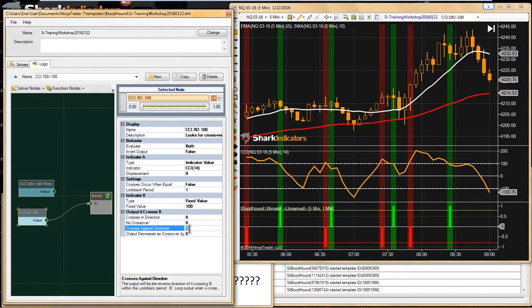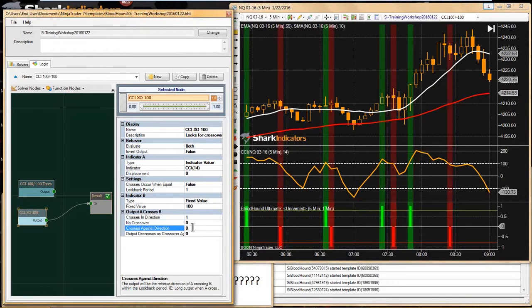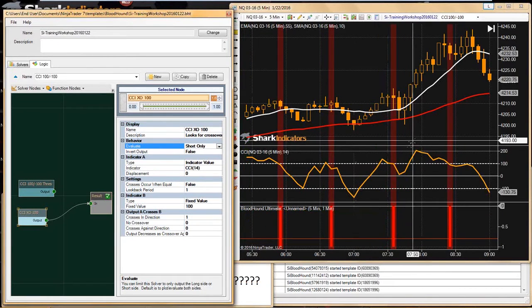So you can change this depending on what you actually want, right? So, maybe you want a sell signal when the CCI crosses down below 100, in which case it's set up correctly. And one more step we need to do is this solver, we only want a short output from it.